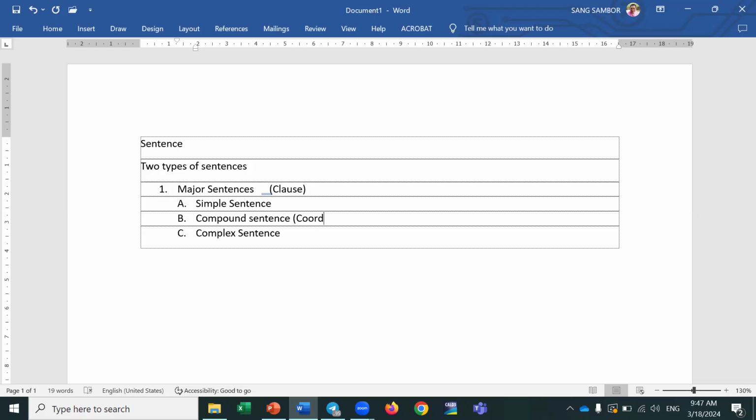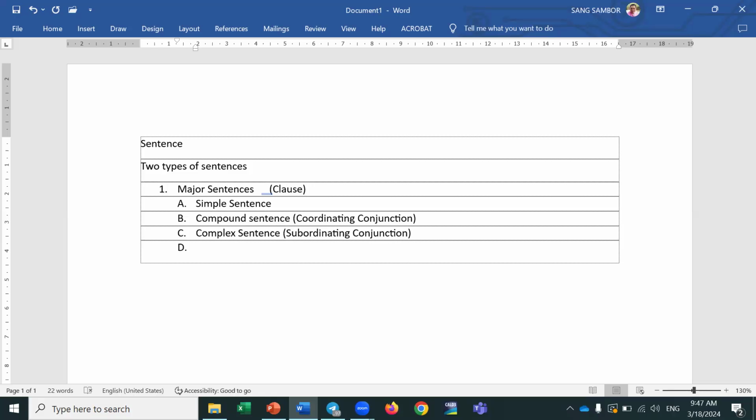Number one, coordinating conjunction. A sentence containing two clauses with the help of a subordinating conjunction is called complex.